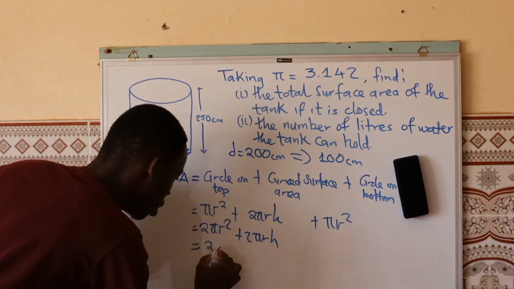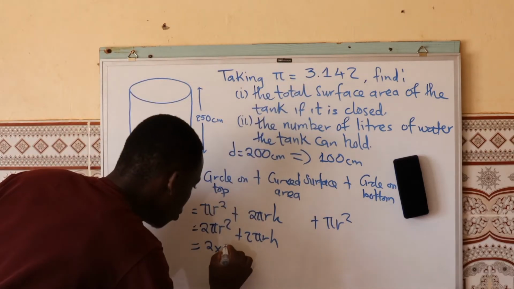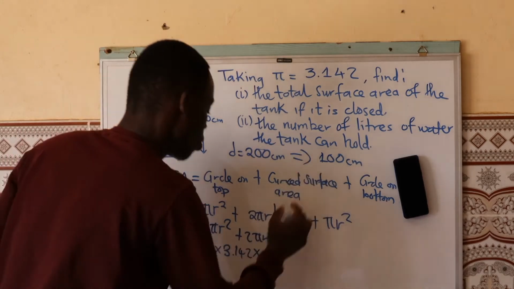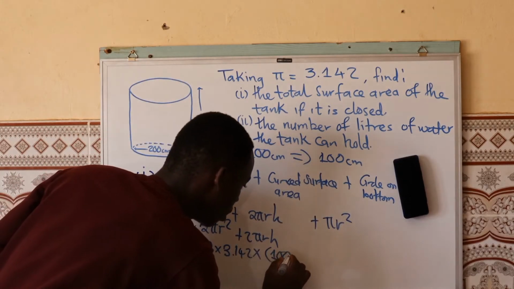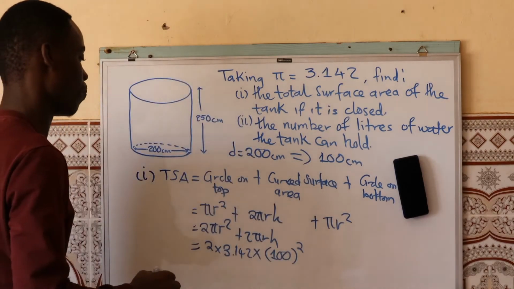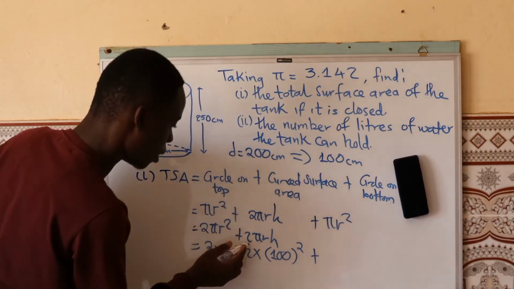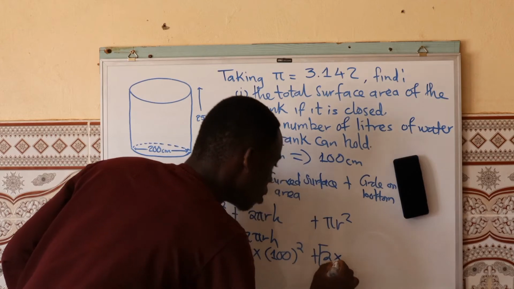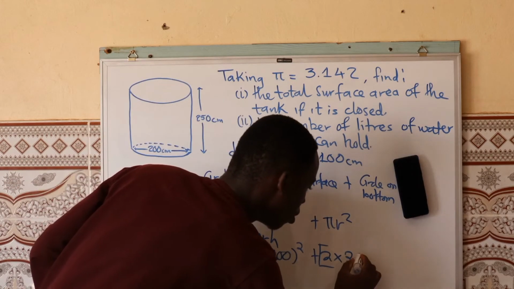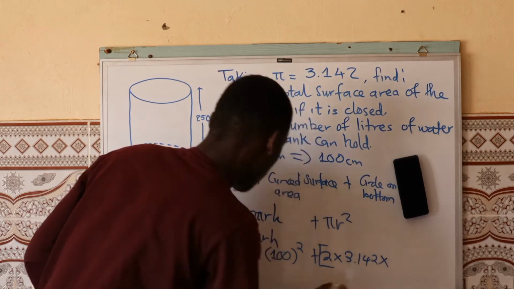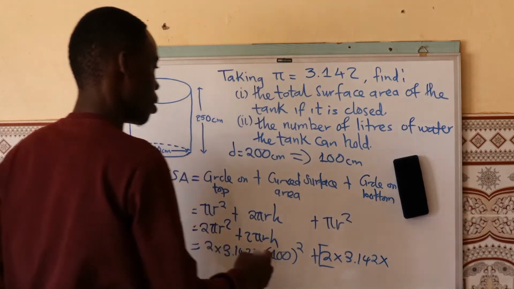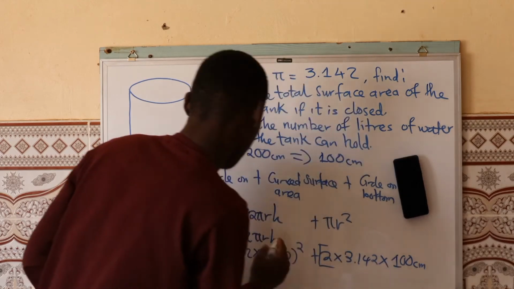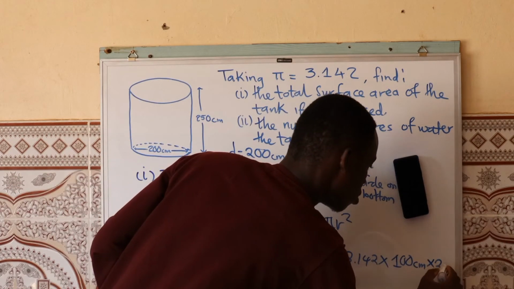So we have 2 times our pi, given as 3.142, times the radius, which is 100 centimeters to the power 2, plus 2 pi r h, which is 2 times our pi 3.142 times our radius, which is 100 centimeters, times our height, which is 250.